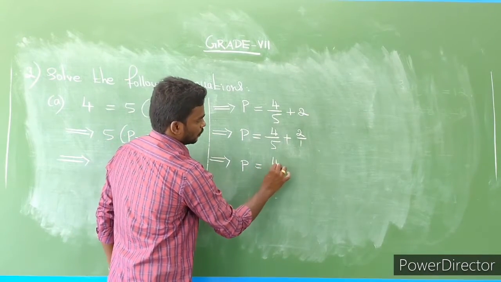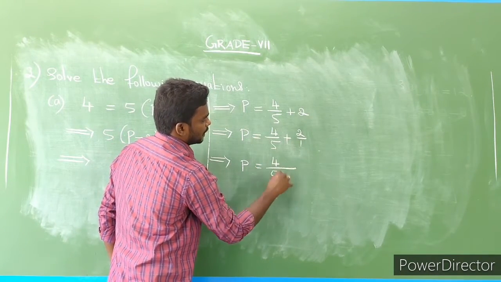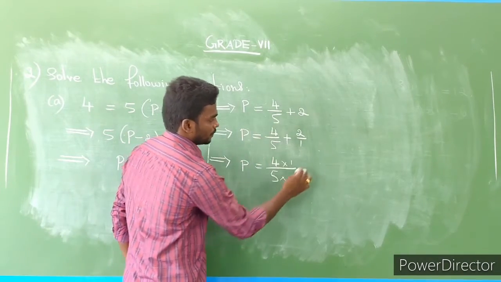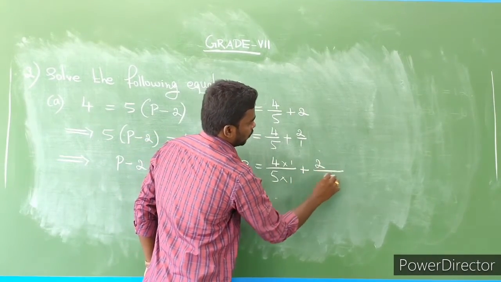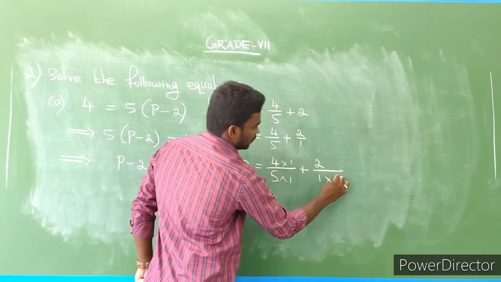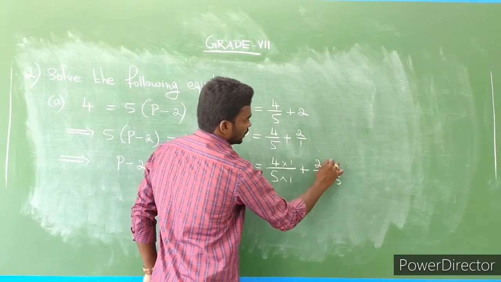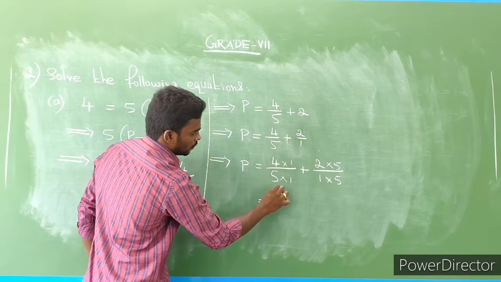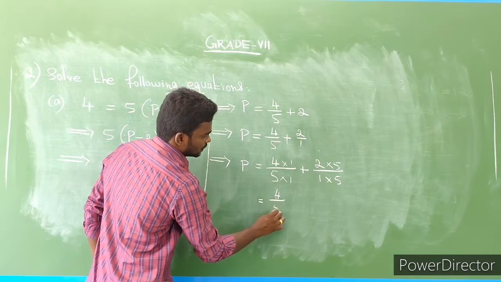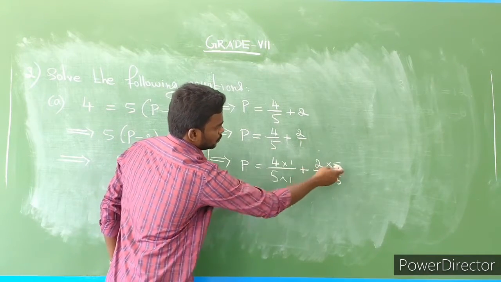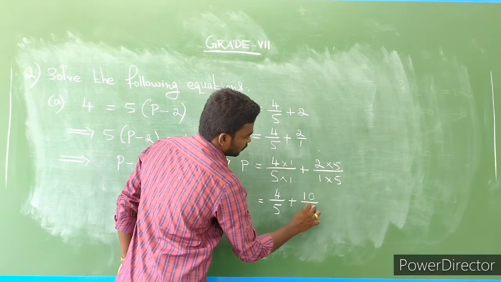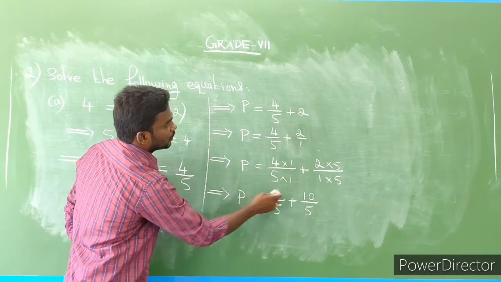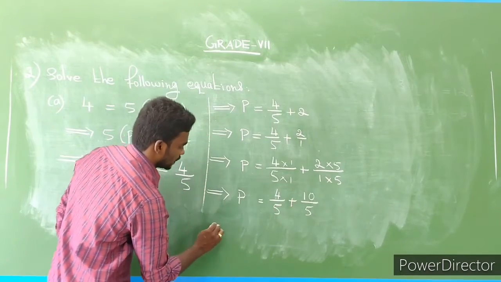So 4 by 5 multiplied by which number? 5 multiplied by 1, we got the value 5, plus 2 by 1, and 1 multiplied by 5, we got the value 5. 4 ones are 4 divided by 5 ones are 5, plus 2 5s are 10 divided by 1 5s are 5. So the value of p is equal to 4 by 5 plus 10 by 5.